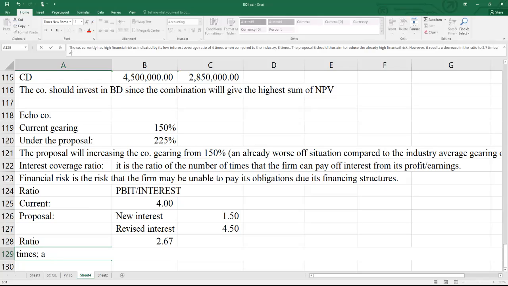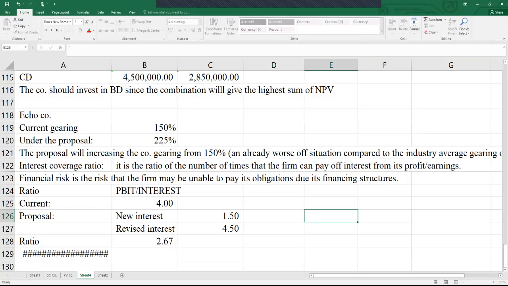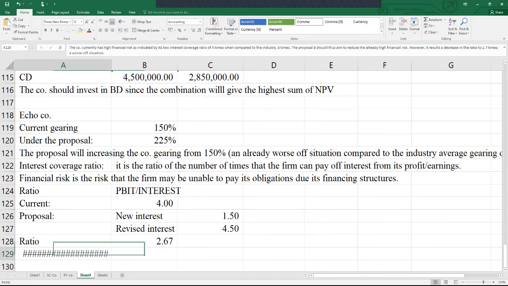A worse situation. Yes, so that's what you're meant to comment on in that particular proposal.